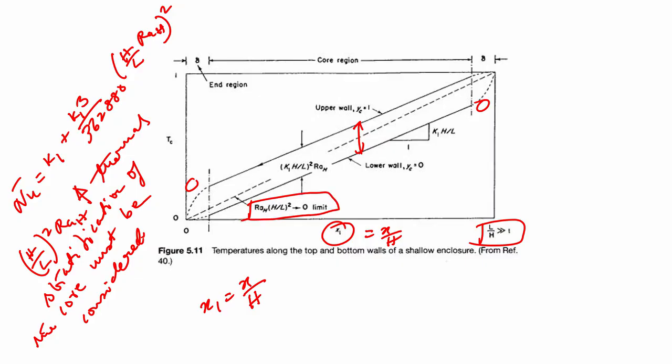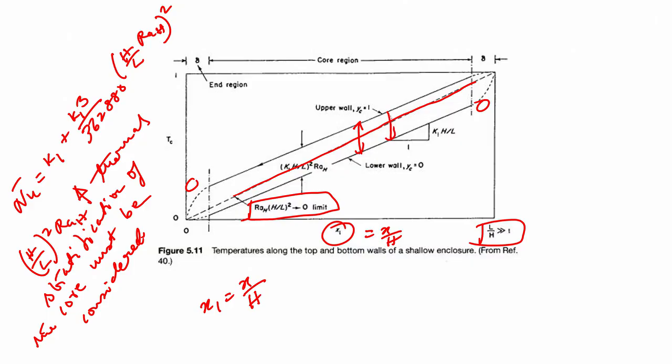Now, in the limit when this goes to 0, the two walls are basically one and the same, so there is no thermal stratification at all between the top and the bottom wall. There is no thermal stratification of the core, but as this H by L into Rayleigh number squared increases, you do get a thermal stratification of the core that becomes very important. So, you cannot represent them by a single quantity.